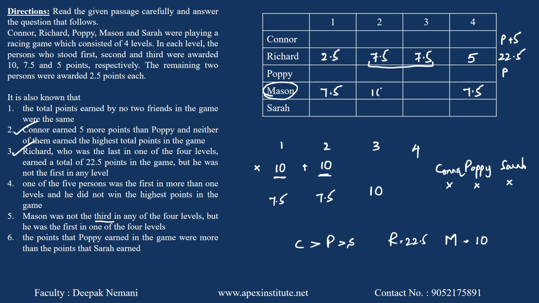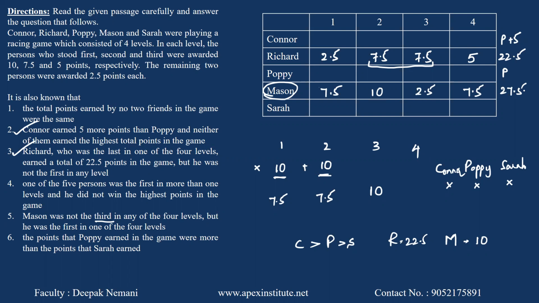In one of the rounds, he has scored 10 points, and in the other round, he scored 2.5 points. So what is Mason's score? Mason's score would be 15, 15 plus 10, 25, 25 plus 2.5, 27.5. And this is the highest person score in this racing game.